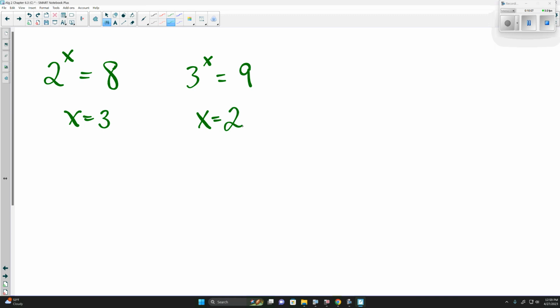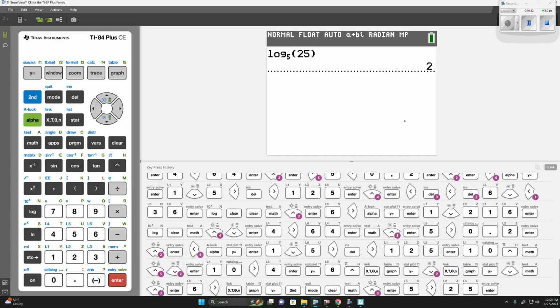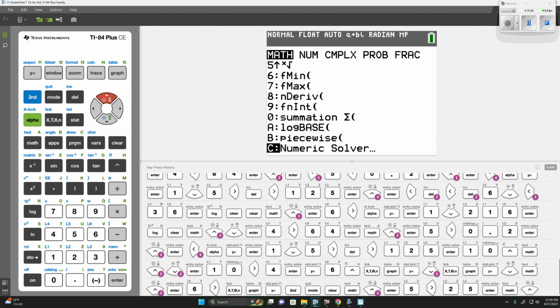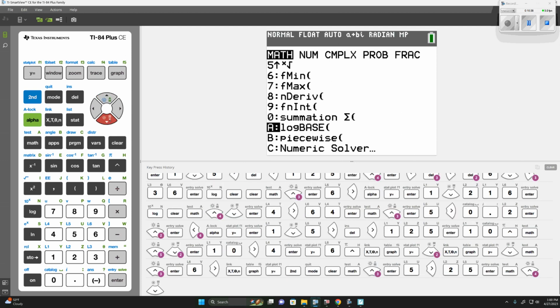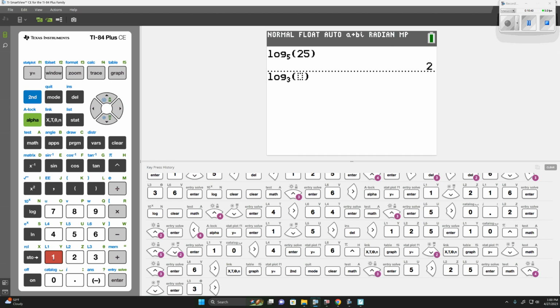They're not bad. If I said 3 to what power is 10, is there a nice number we can use here? Well, no. So let's rewrite it as a logarithm. It'd be log base 3 of 10 is equal to x. So now I have a way to actually solve this. We could do this in a calculator. I can say math, log base 3 of 10 is 2.9.